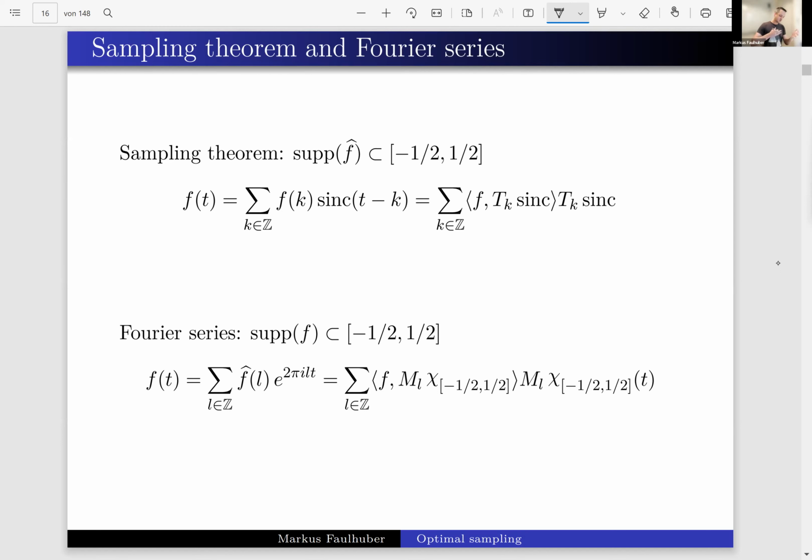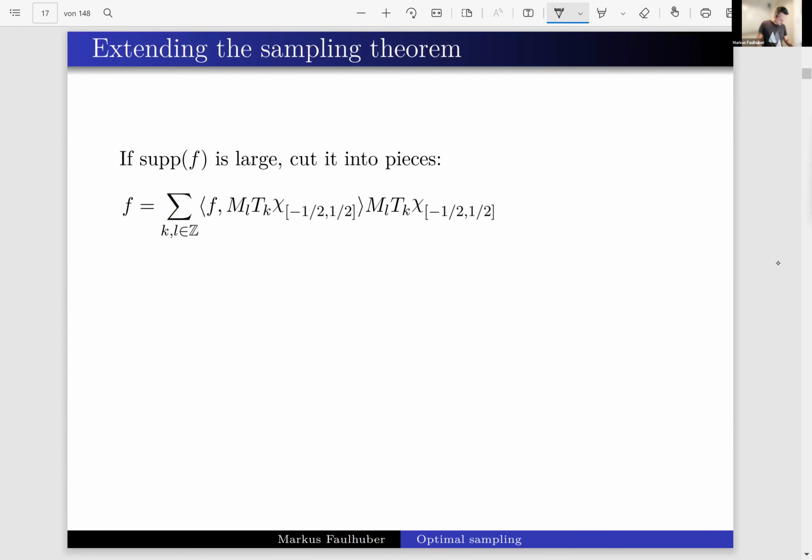And the idea in Gabor analysis is now to somehow mix these two representations of f by dropping the assumption on the compact support. So the idea is, if your support is large, then you just cut it into pieces. And this is the picture you see here.